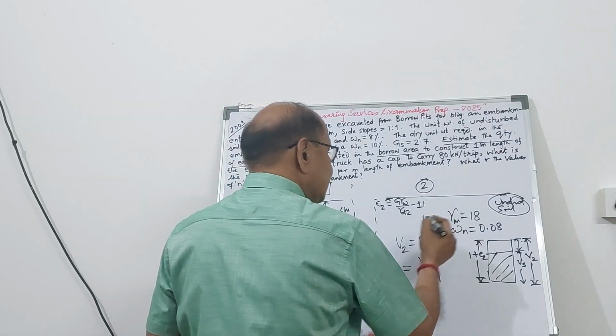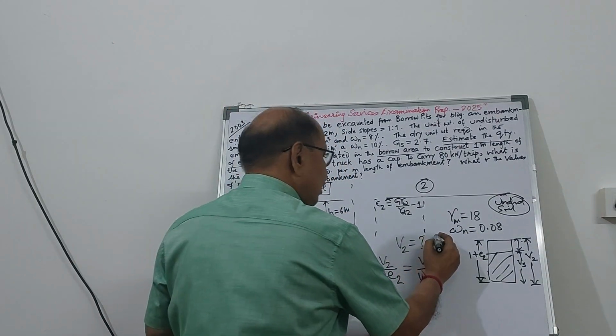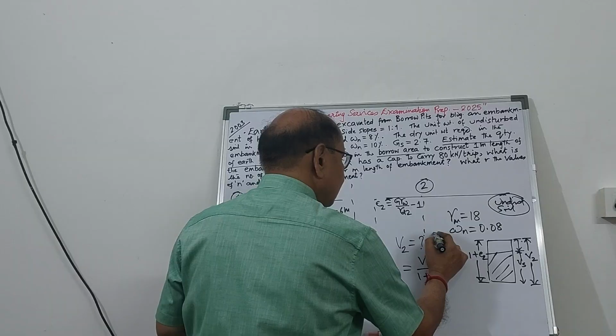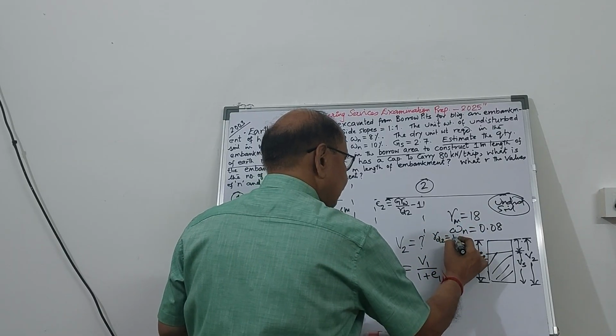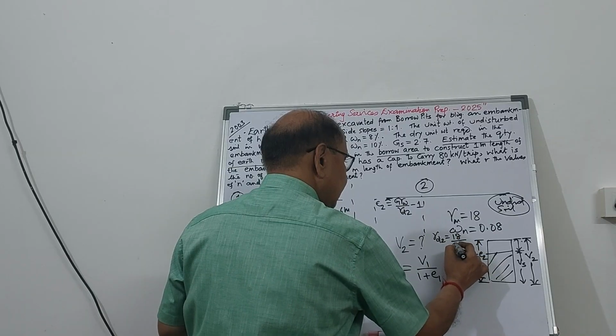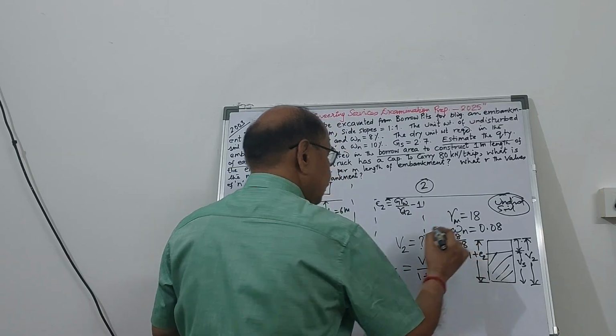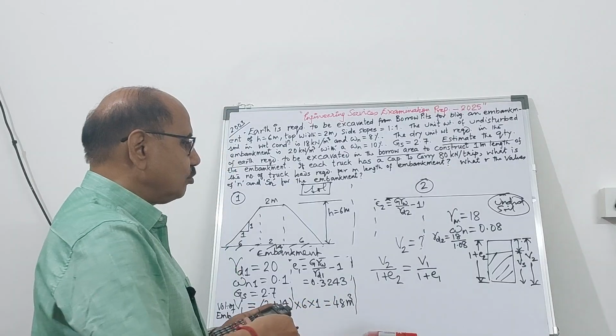Now gamma moist is given to you. So gamma D2 will be this gamma M divided by 1 plus Wn, that is 18 divided by 1.08.